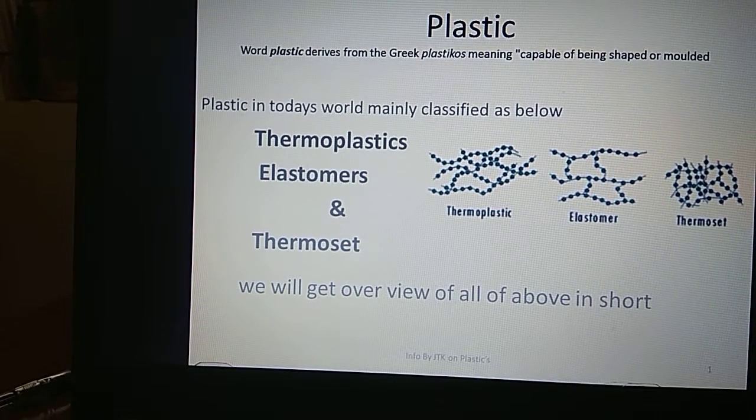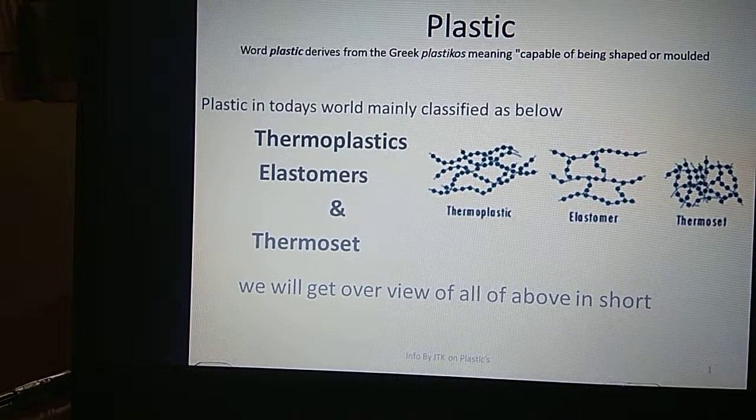Plastic in today's world is mainly classified into three major categories. Of course, when we get deeper into plastics, there are many more classifications.